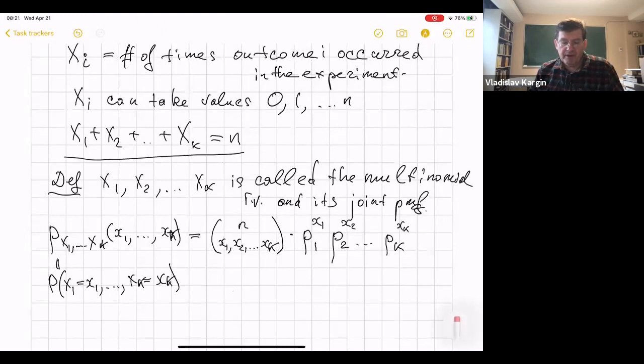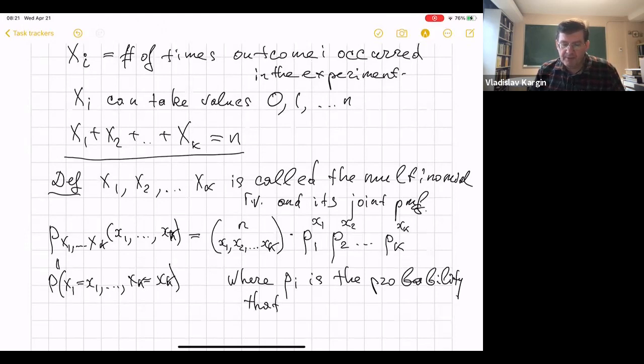For completeness, here pi is the probability that a trial results in outcome i.